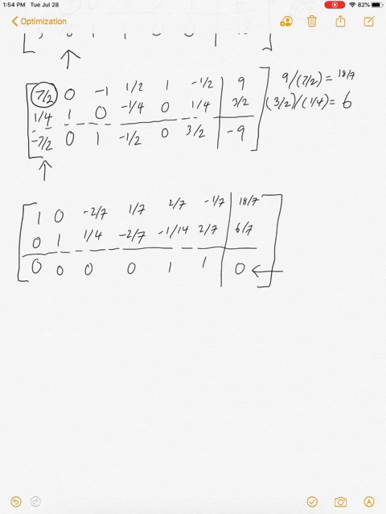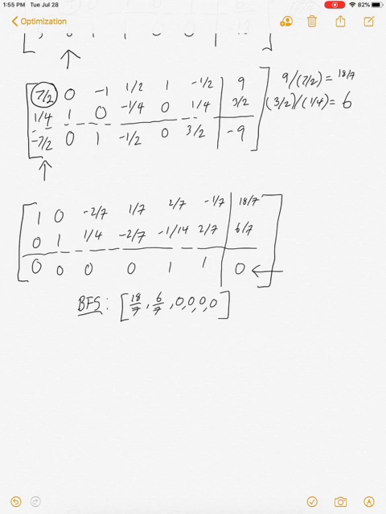And that's going to give us a feasible solution for the original problem. So if we look, for example, at what the basic feasible solution is here, the basic feasible solution associated to this tableau is going to be 18/7, 6/7, 0, 0, 0, 0. So x1 and x2 are 18/7 and 6/7, and the other variables are all just 0.